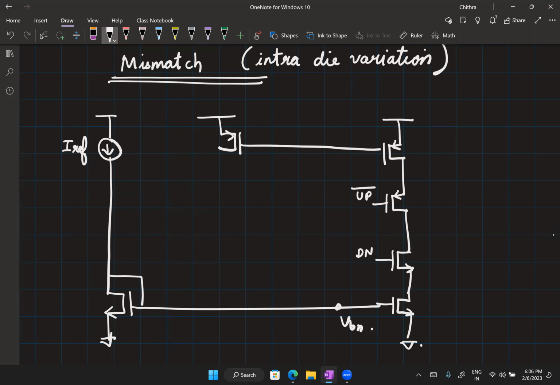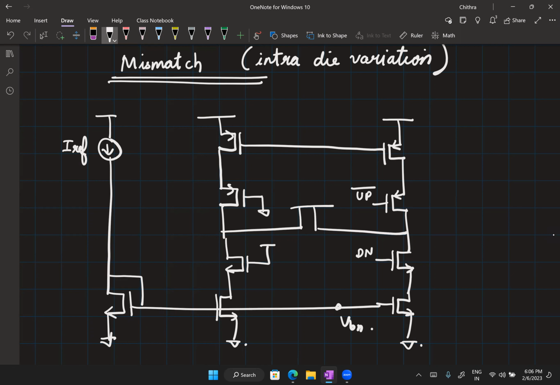So I'm going to generate VBP using an op-amp. This should be connected to ground. Should be connected to VDD. And then we generate using an op-amp. So this is VBP. So now the op-amp will ensure that these two nodes are VC, right?